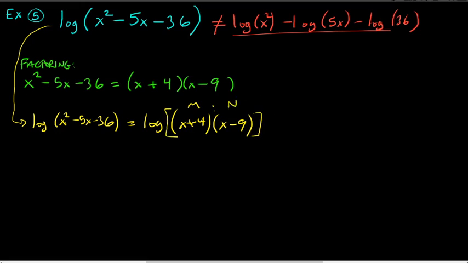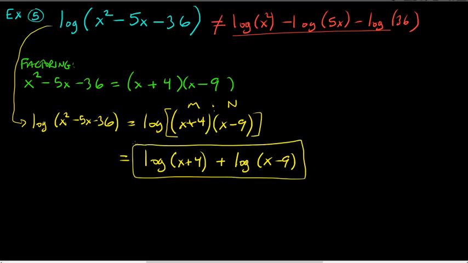And so we use the product rule. We're just going to write this as the log of m being x plus 4, plus the log of n, x minus 9. And that's it, right? So forget all this. The actual answer here is log of x plus 4 plus the log of x minus 9.